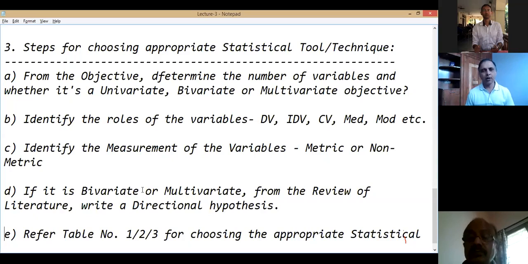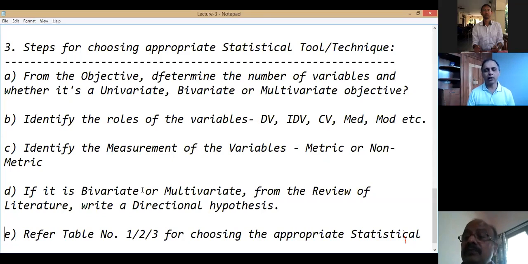The second comes: now that you are comfortable with your variables, please look for their role, whether they are dependent, independent, control, mediator, moderator. In the previous lecture, we discussed a little about control variables. I have not discussed in detail, but I tried to sensitize you that there is something called a control variable.